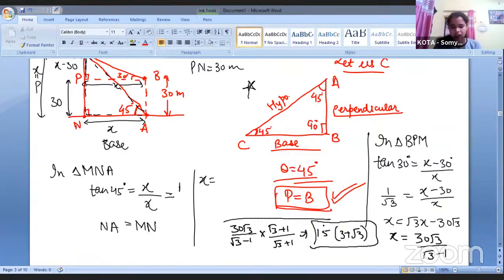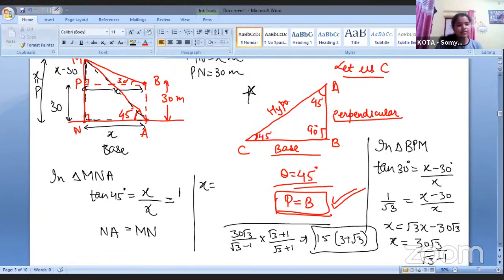So our answer would be option C. So yes, this is how we will do these types of questions, simply by making the figure and then applying slight things, what is equal to what, and after that we will be able to get the answer.